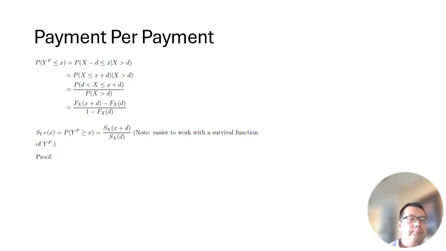How do you calculate its probability? The probability of Y^P being less than or equal to x is the probability of X minus d, which is Y^P, being less than or equal to x, conditioning on X greater than d, which can be further reduced to F_X(x + d) minus F_X(d) over 1 minus F_X(d). The survival function of the payment per payment will be the probability of Y^P greater than x.